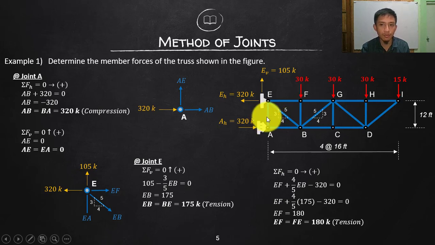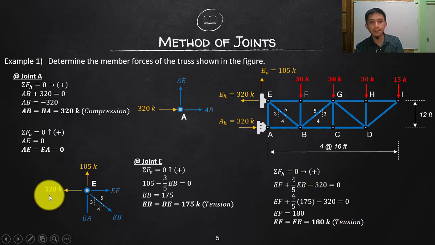Even if we try to remove that one, the truss will stand, since based on the solution that is 0, it is not carrying any of the loadings. So AE is 0, and BA is carrying 320 kips, which is compression, so it means this is being compressed. But later on we will talk about that in the summary of the answers.